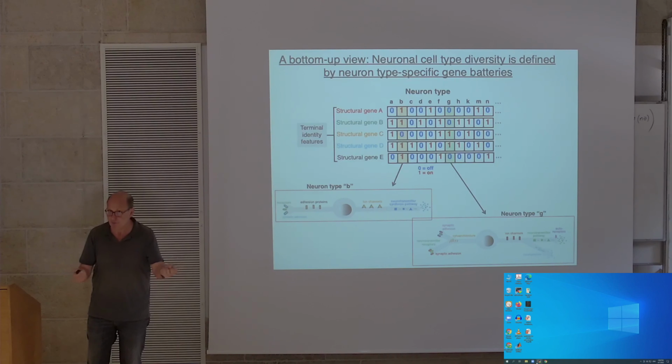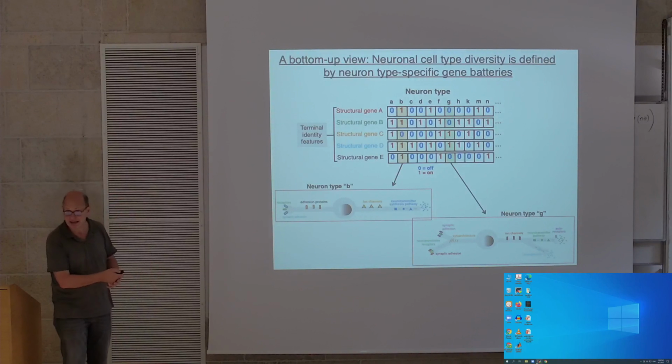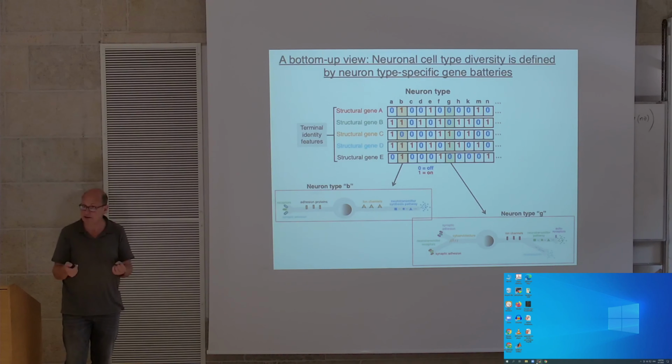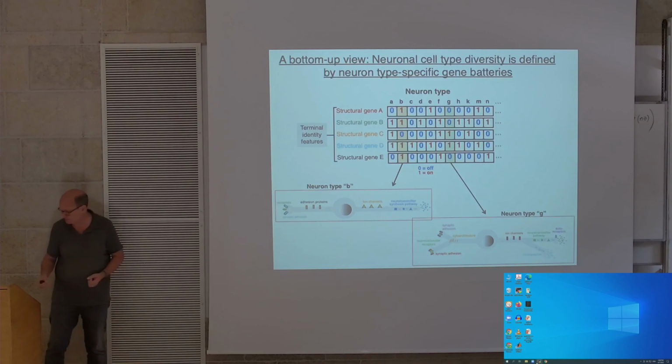That doesn't exist. What you rather have are genes that are expressed in multiple cell types, but in a highly cell type specific manner. And it's this combination of on-off profiles that essentially is the fundamental unit of cell type diversity in the nervous system. So this is basically what we need to decode here in order to understand how distinct cell types are being generated.